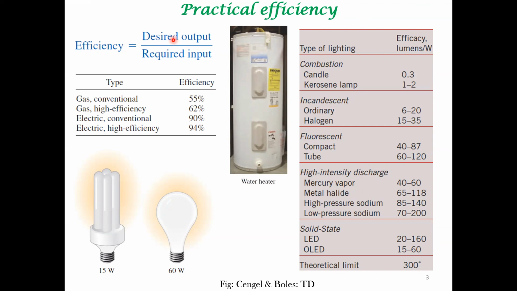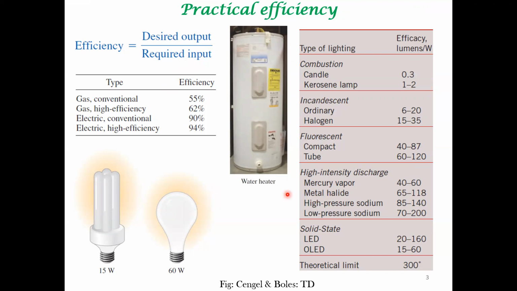Okay, the solid state light emitting diode bulb. Okay, so all these things are different ways of generating light. There you ask the question, what is the desired output? It is the amount of light that can be obtained, measured in lumens. Okay, and the electrical energy, the electrical power that goes into generating that particular light.